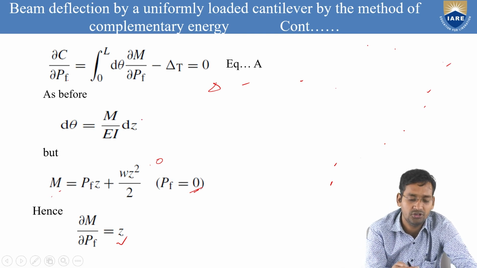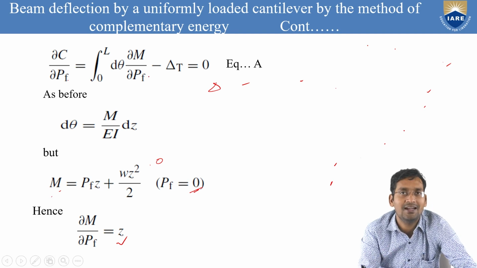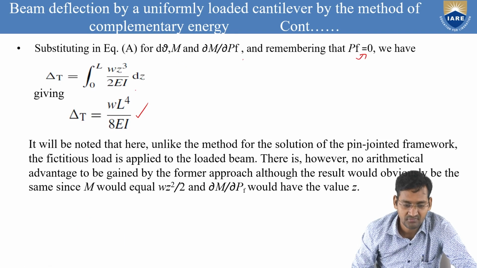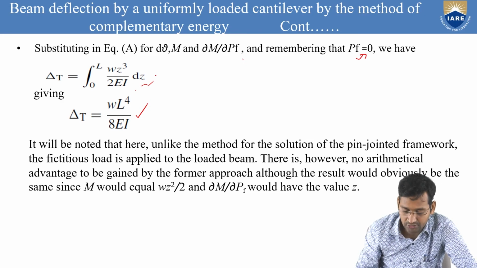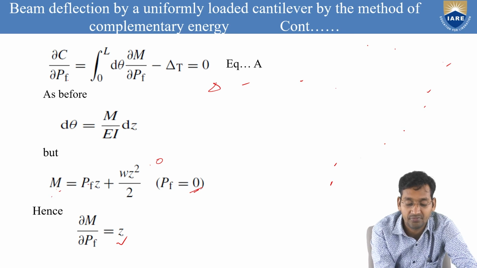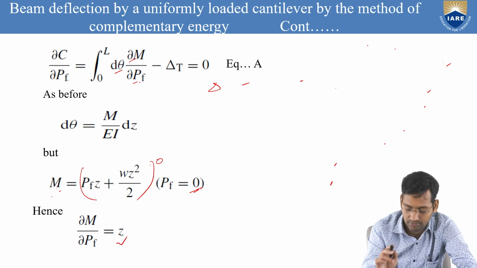Now substitute that dθ value and ∂M value in delta t. Right. After substituting, you will get delta t equal to, here again you have to replace this M with the PF z, because in this formula dθ ∂M/∂PF is there. So M is there, so replace this whole M and then differentiate, you will get this one.